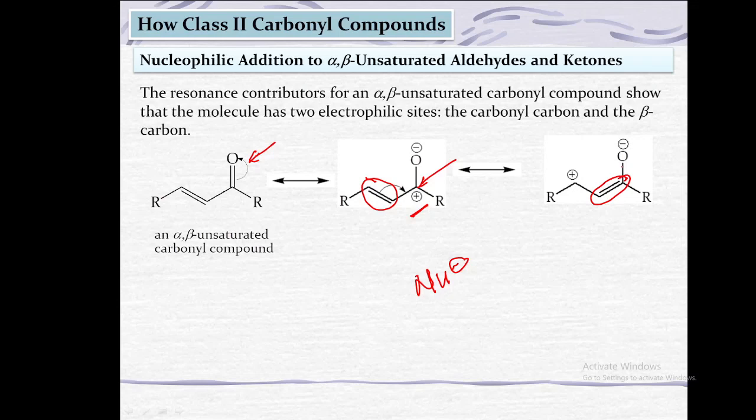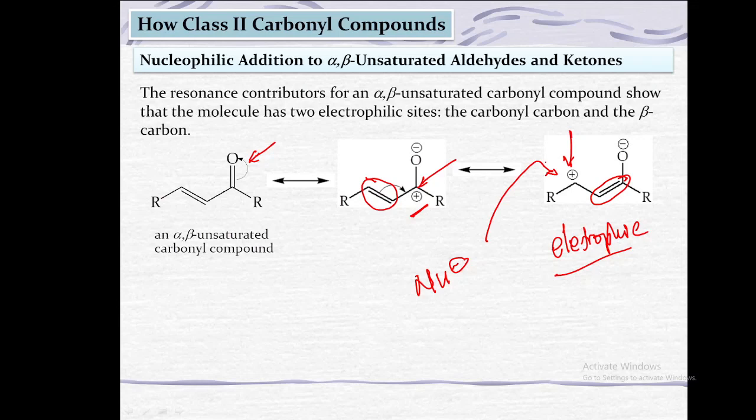And of course, that then means that the carbon at the beta position also becomes electrophilic. It is electrophilic. So that would also mean, therefore, that that position is prone to an attack by a nucleophile.